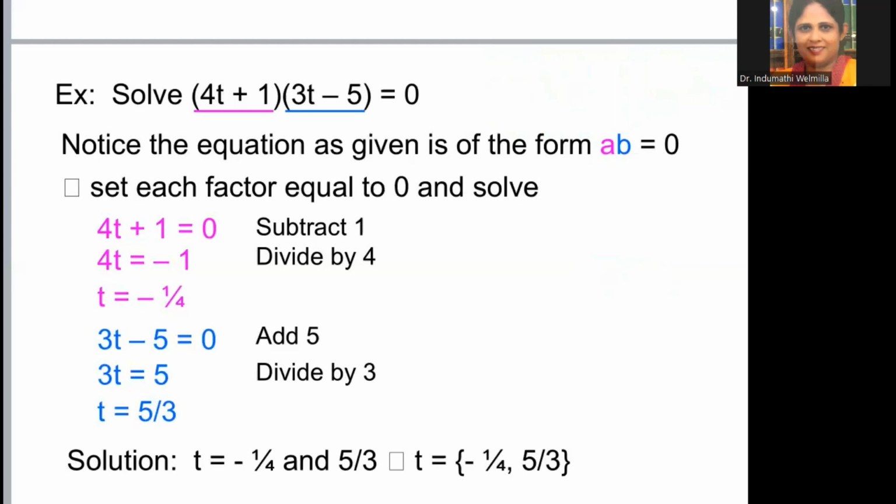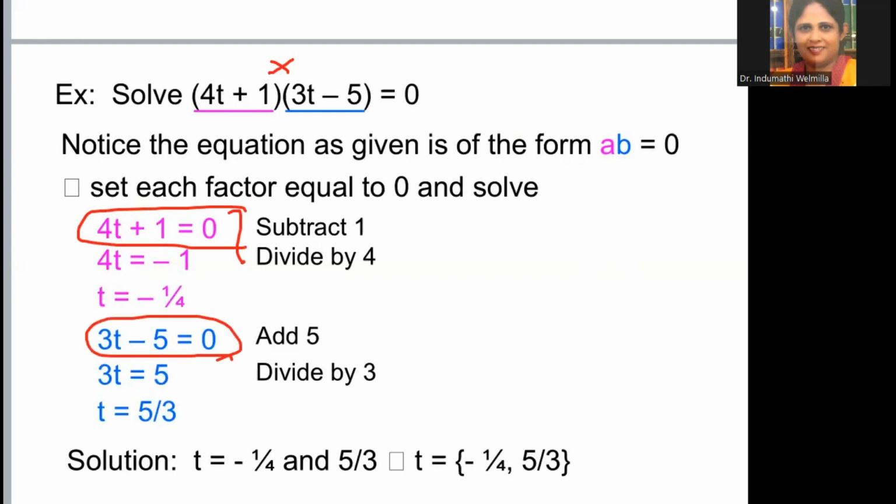According to the steps we already discussed, between these two factors it is a product, a multiplication. Therefore we can write 4t plus 1 equal to 0 as one part, and the other part 3t minus 5 equal to 0.